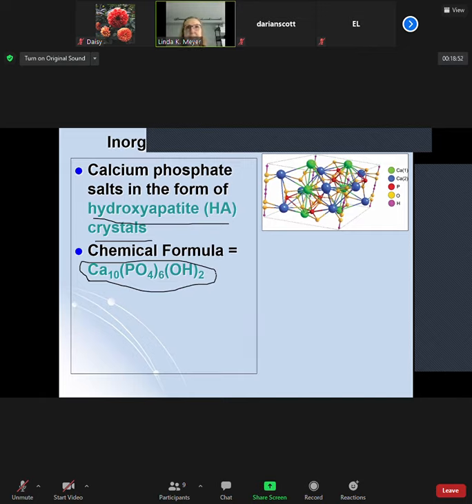If you take that suffix oid, it means like. If you take the word human and put oid on it, humanoid is human-like. Well, osteoid is bone-like, and cementoid is cementum-like. It's just what they're called before the mineral component is added to the tissue.